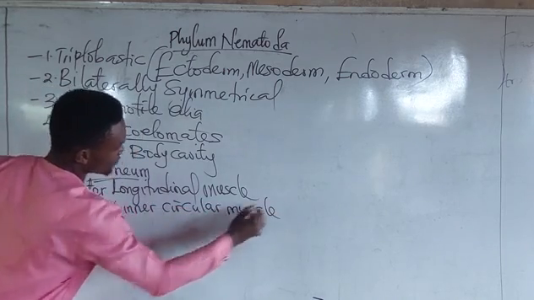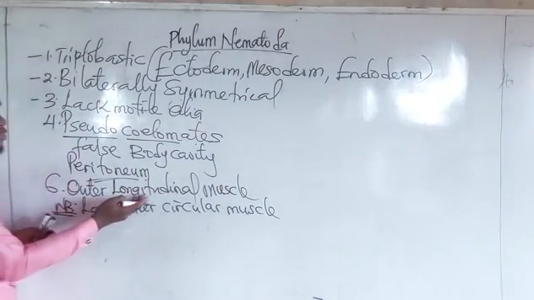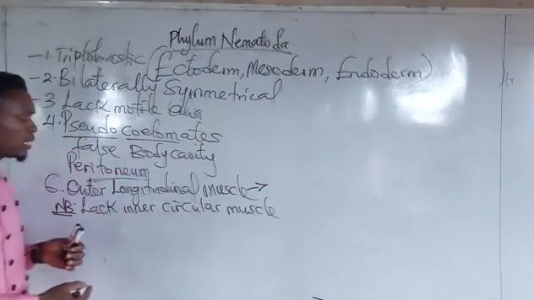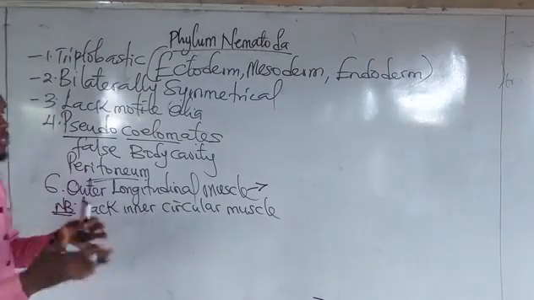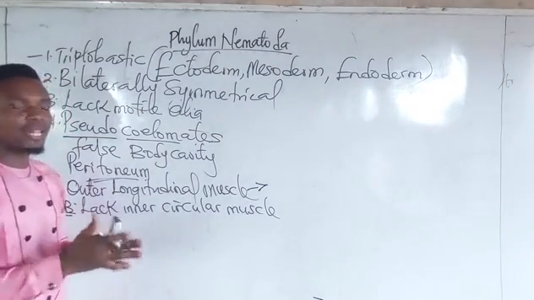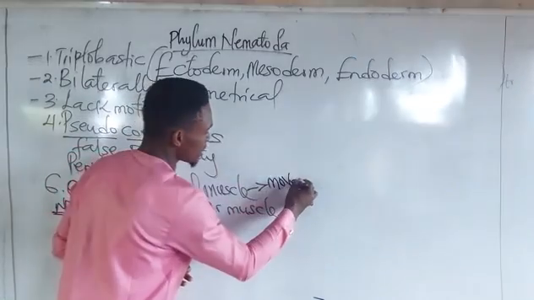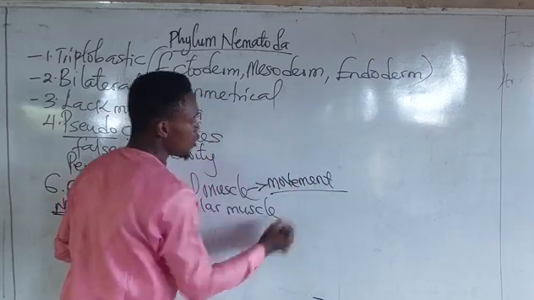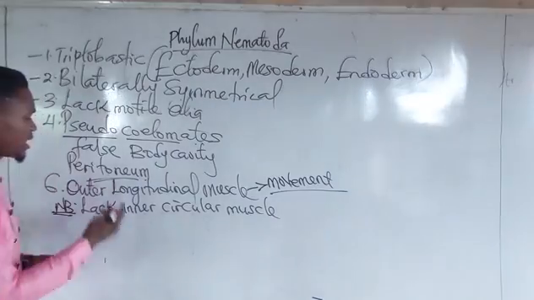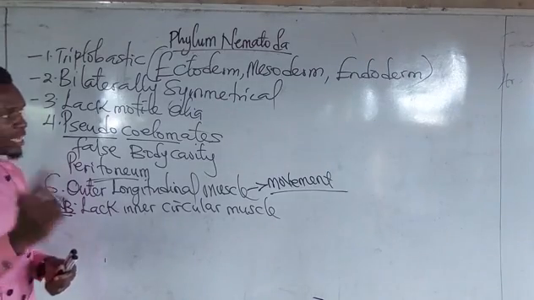They only have outer longitudinal muscle. Now, it is this outer longitudinal muscle that brings about movement. By the contraction and the relaxation of this muscle, movement is propelled. It is the outer longitudinal muscle of these organisms that brings about movement. Note, they lack inner circular muscle. Take note of that.